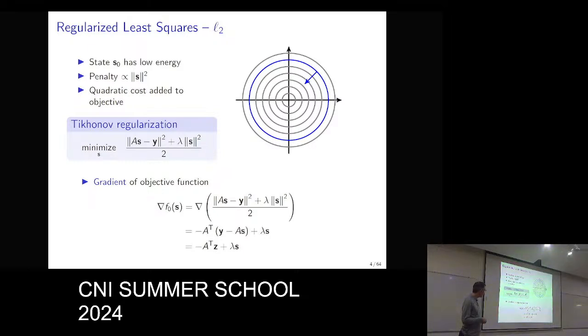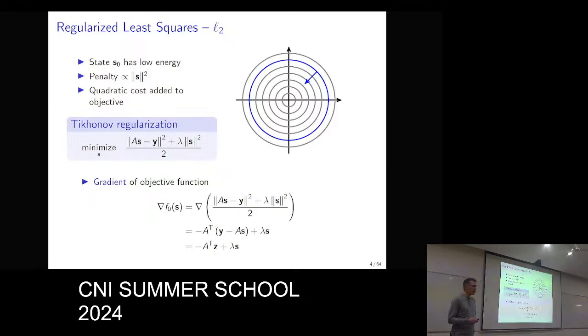I take my objective function f0, and I'm going to take the gradient of it. This norm is the norm induced by the standard inner product. So in some sense, it is equal to (As minus y) transpose times (As minus y). And the penalty term, similarly, is going to be lambda s transpose s.